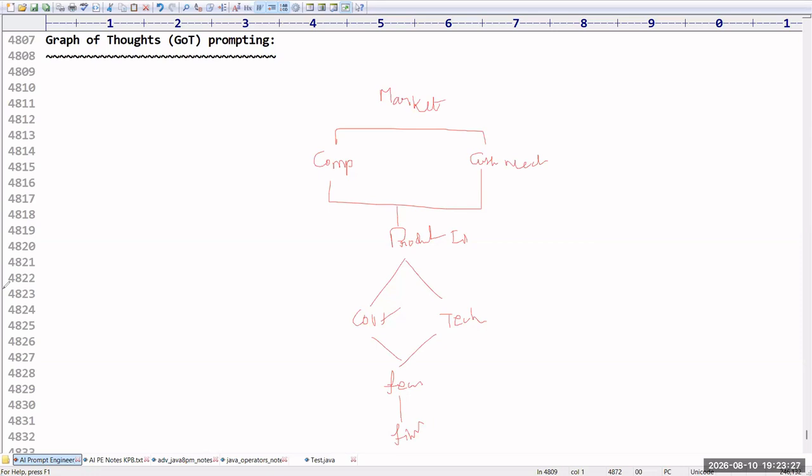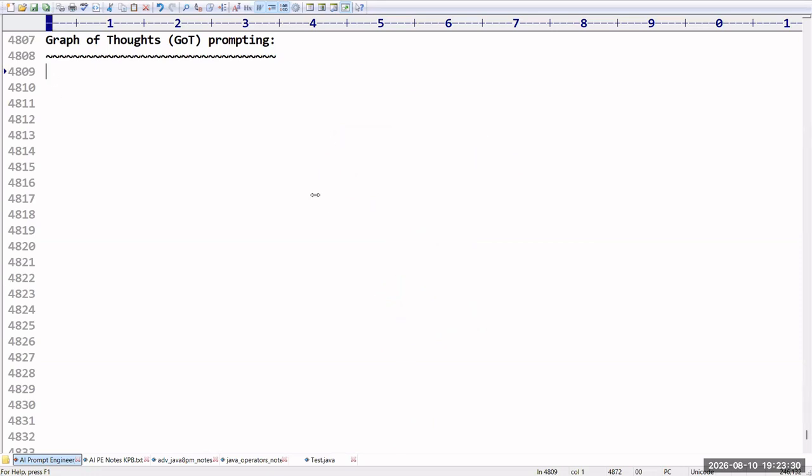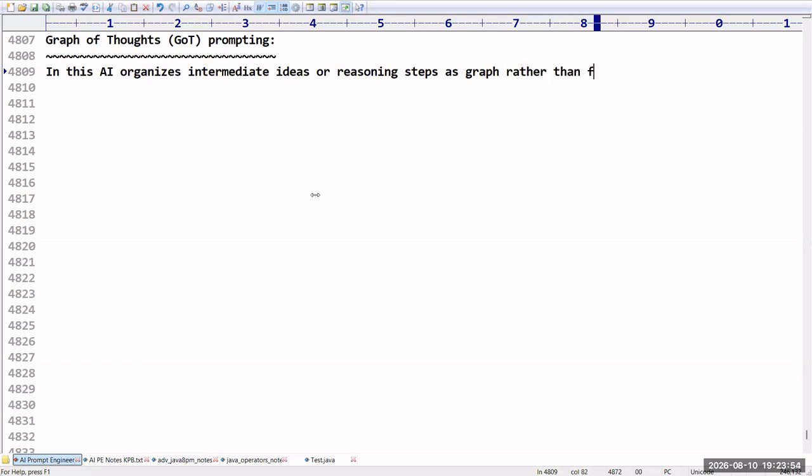Okay, so now let us see. In this, AI is going to organize intermediate ideas or reasoning steps as a graph, rather than following only one linear path.